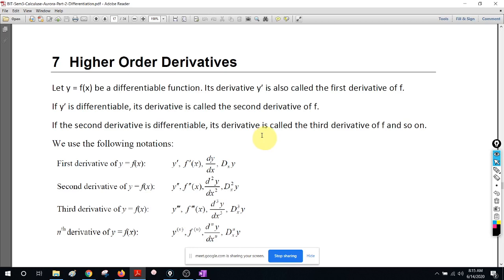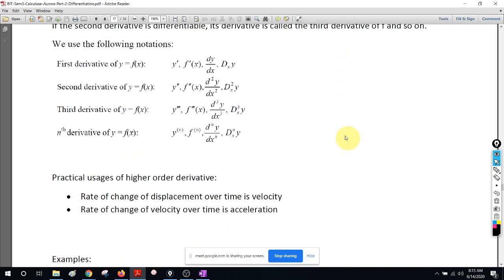Now remember, for example, if I have y equals x squared, you know that the rate of change of this is dy by dx, which is 2x.